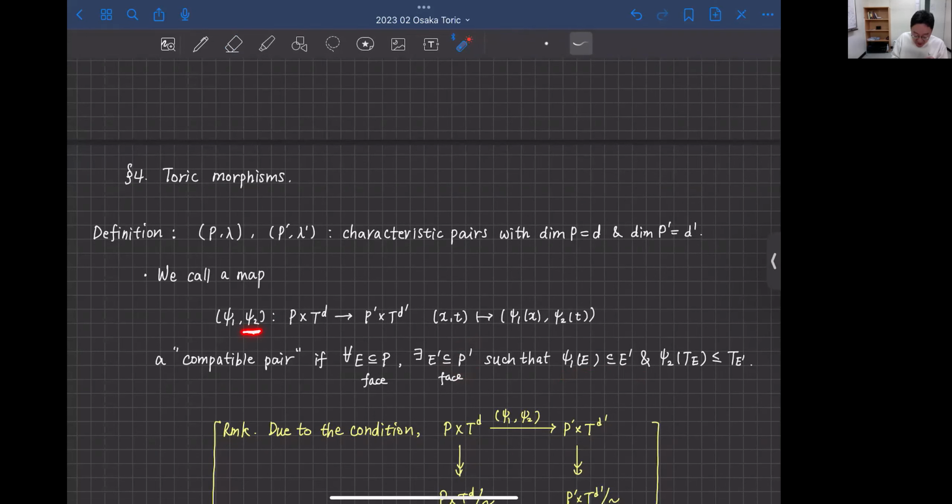The condition for the second map phi2: remember that whenever you have a face E, it is the intersection of a bunch of facets, and each facet has a characteristic vector, so we have a subtorus generated by those characteristic vectors, which we denote by T_E. The image of this subtorus should be a subgroup of T_E'.